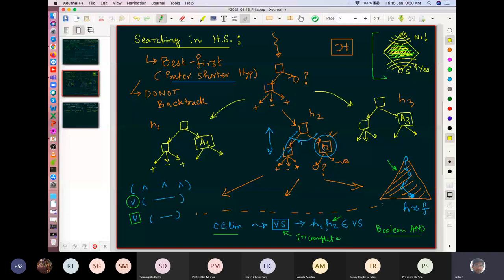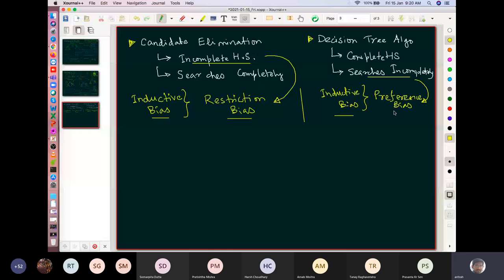We are saying that the hypothesis we get using such incomplete searching, using preferences of attributes, would lead to a good fit to the training data. And as per our inductive learning assumption, this good fit on the training data will also approximate a good fit on my test data. So this is a very important point to note about the bias and our goal. I hope this point is clear. If you have any questions, you can ask.